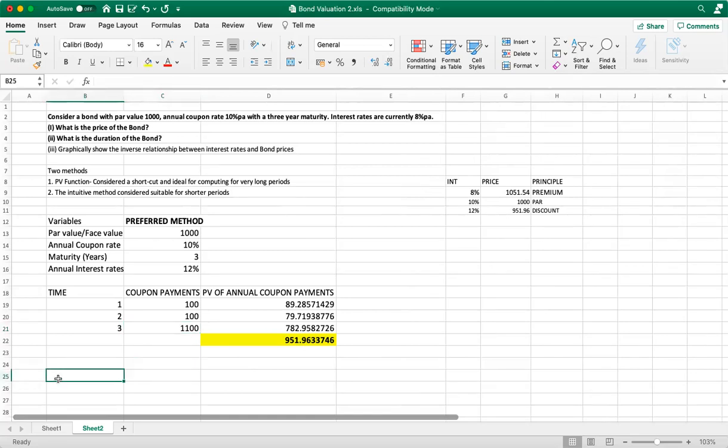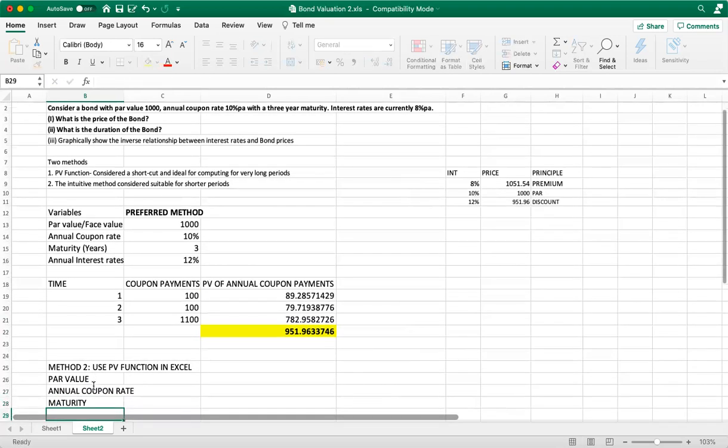Now, method 2. In method 2, we use the PV function in Excel. So what do we have? We have par value, annual coupon rate, maturity, and then annual interest rates.